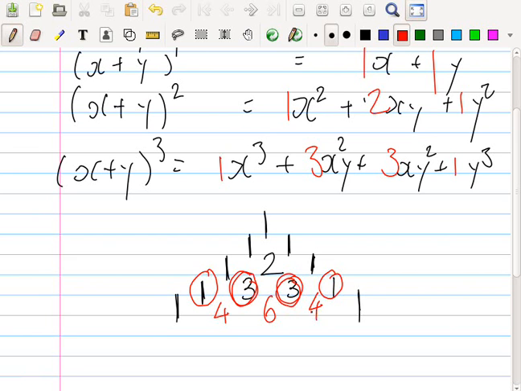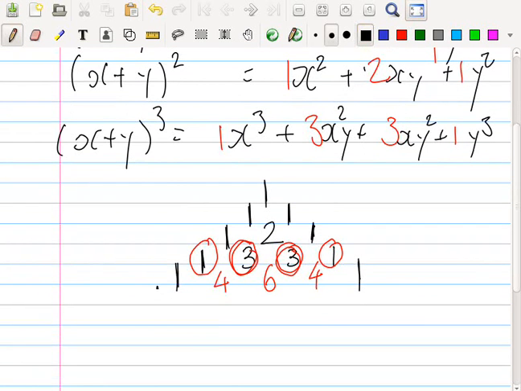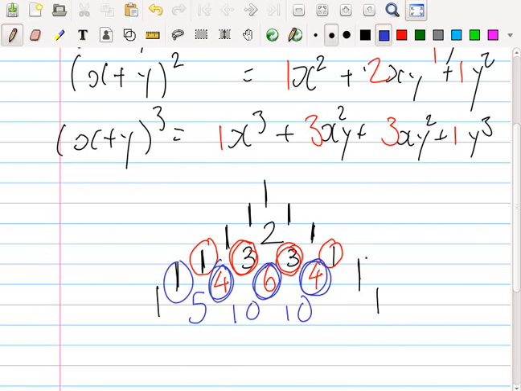Okay? Can't make it simpler than that. So if I was to do the next row, 1 and 1, okay? Mother, father, child, and it continues like this.